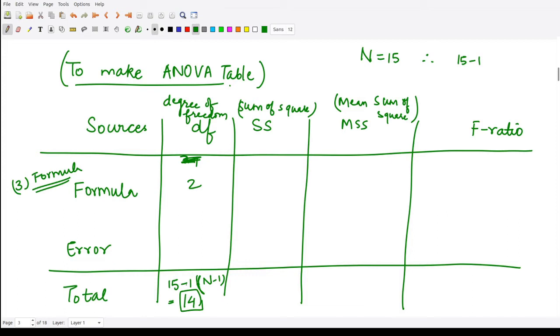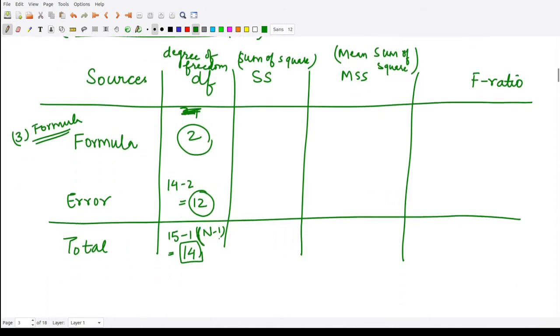This is obtained by calculating 14 minus 2, so it is equal to 12, because you wanted to add this term and this term so that you obtain the total as 14. And then you will calculate the sum of square between the formulas, then the sum of square for total, and then the sum of square for the error by subtracting these two values.